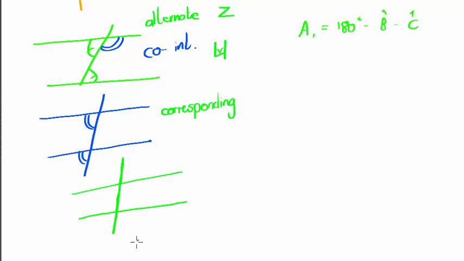Okay, so notice my parallel lines there, and we are saying that this is a corresponding angle to that one. Let me rather do it like this. That one corresponds. That one corresponds. I just need to do something so you can see that.